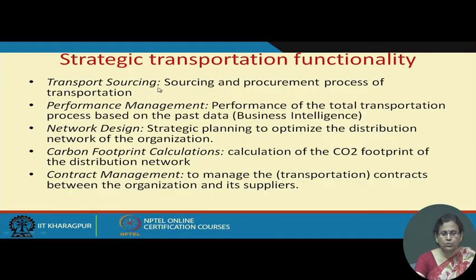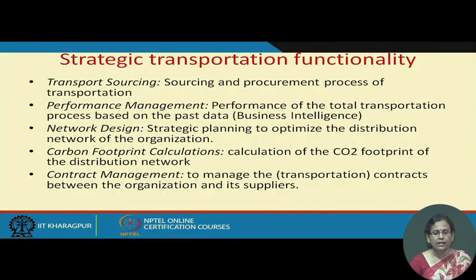First one is transport sourcing. So, this is about deciding how to acquire a transportation system and how to source a particular transportation agency.